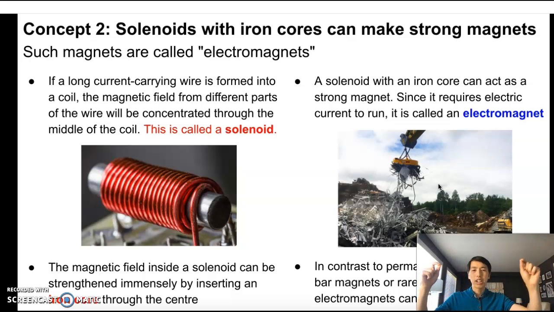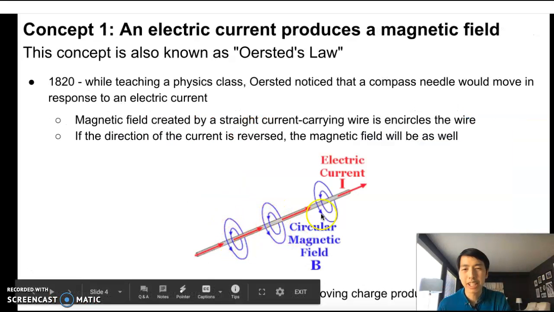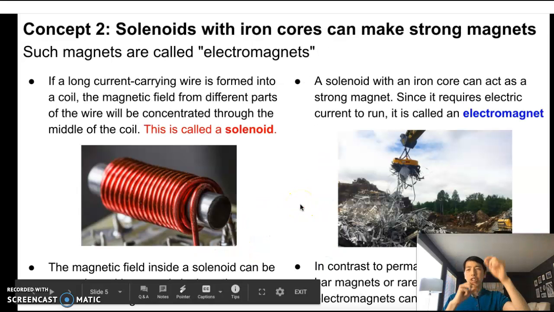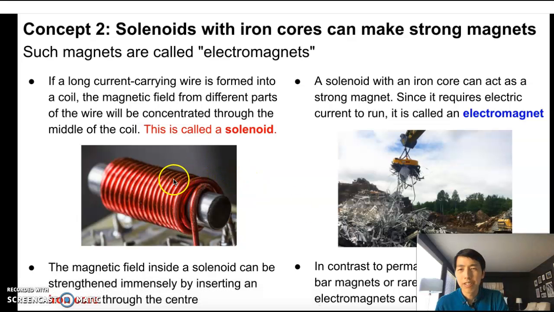However, if you take that wire and wrap it around and around into a coil, like this picture shows here, then you take these tiny magnetic fields, each of these circles is like a tiny bit of a magnetic field, and as you wrap this into a coil, a lot of the magnetic field gets concentrated up through the middle of the coil. So in that way, you can make a much stronger magnetic effect. That device is called a solenoid. That's just the name we use for a coil with current going through it.